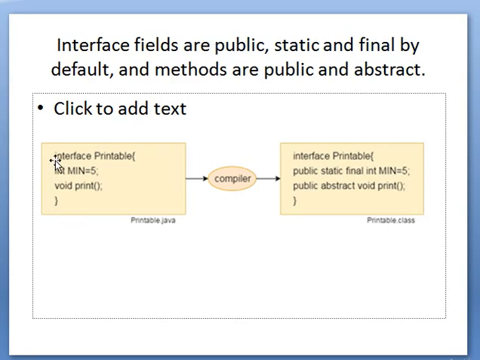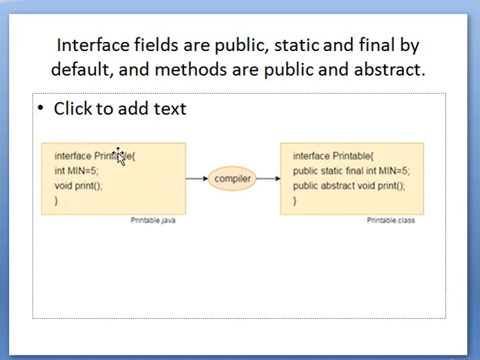Now look here. I am declaring one interface, printable, and inside it I declare one variable, min, minimum, of type integer, initialized with 5. Another is a method, print, whose return data type is void.